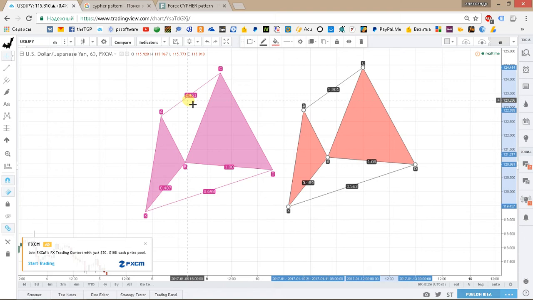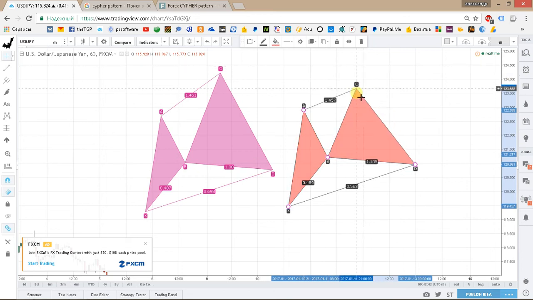This one shows 1.45 because it is calculating the extension of X to A. And this one shows 1.91 because it is showing the extension of AB. If it goes lower, it is a correction of AB leg, XABCD pattern. And if it goes past, it is an extension of AB leg.